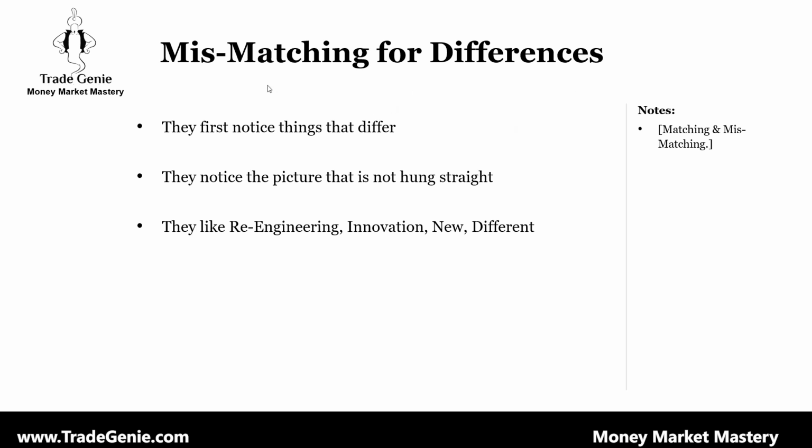Now, mismatching for differences. There are people who mismatch for differences. They are looking for things which differ. The thing which differs is, say, four pans lined up and one pan is not lined up, or four pans are one color and one is not. This is where the anomaly is. That is the way you need to dissect any trade, and also the volume. People who mismatch for differences first notice things that differ.